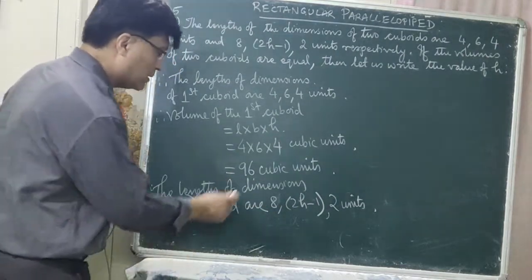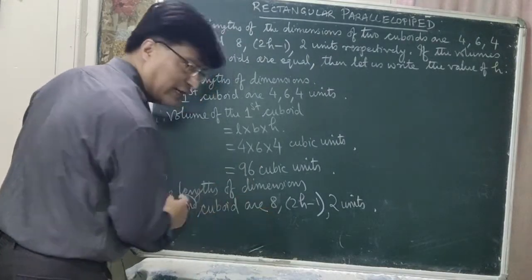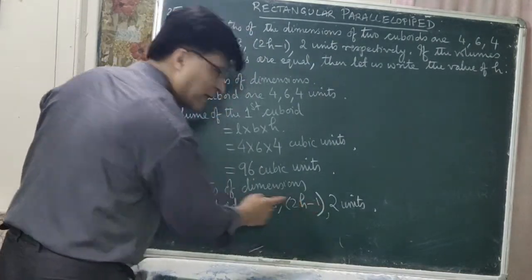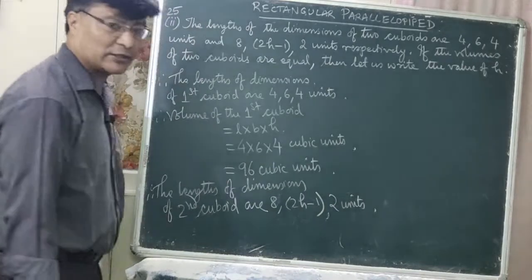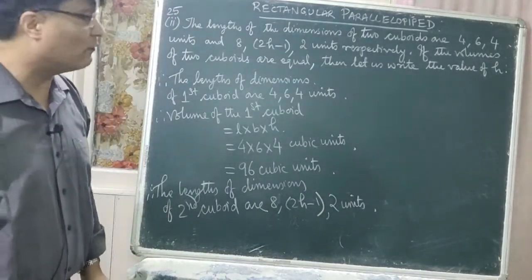That means the length of the second cuboid is 8 units, breadth is 2h minus 1 units and height is 2 units. So let us find out its volume.